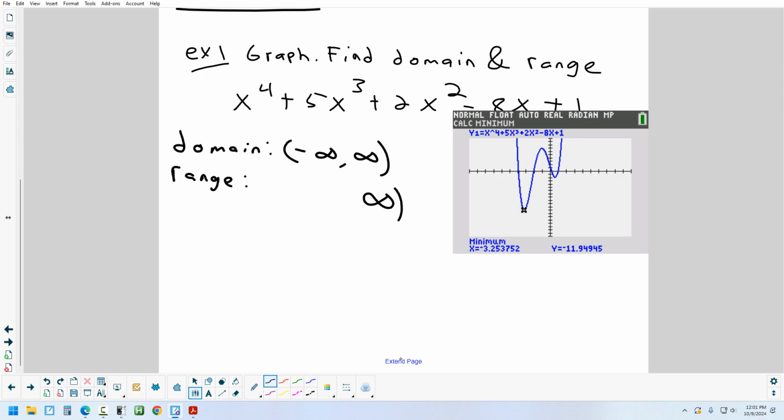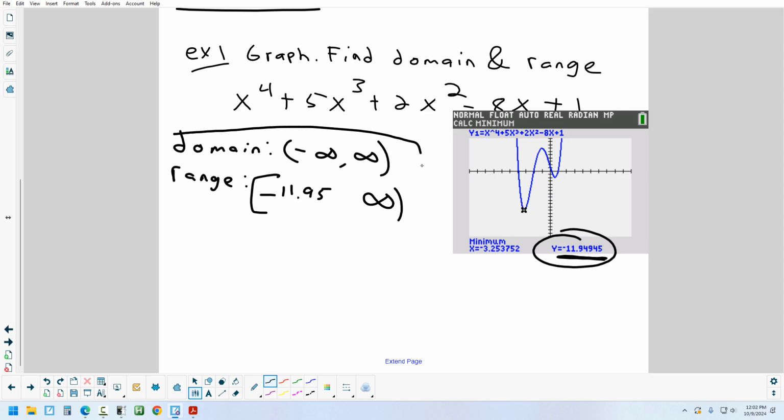I can see I hit it if I round that number off. So you can include it? Yep. I can tell that we hit it because I calculated it, and I can see that number, negative 11.95. It's rounded, but it's right there. So that's how you find domain and range.